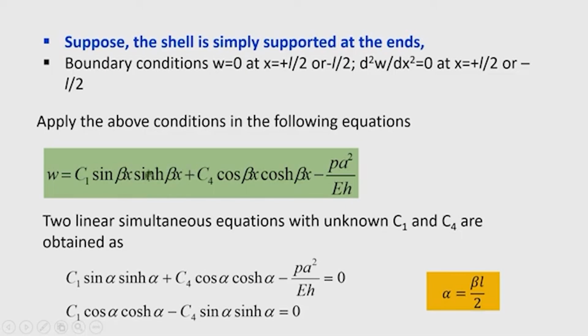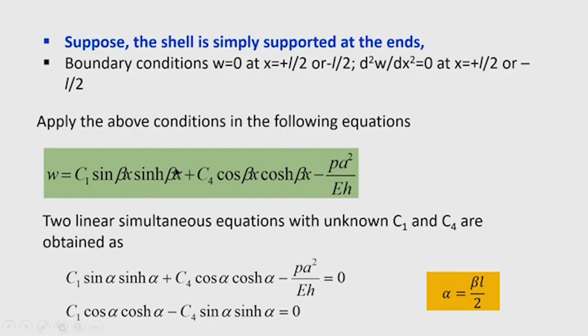This is the result of substituting x is equal to L by 2 and assuming alpha equal to beta L by 2. So, the first equation we got is from the first boundary condition, that W is equal to 0. The second boundary condition is obtained when we consider that the bending moment at the support plus L by 2 or minus L by 2 is 0.